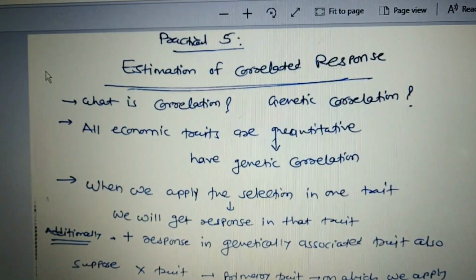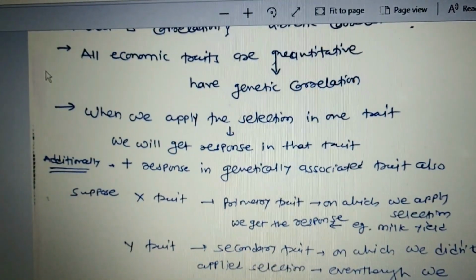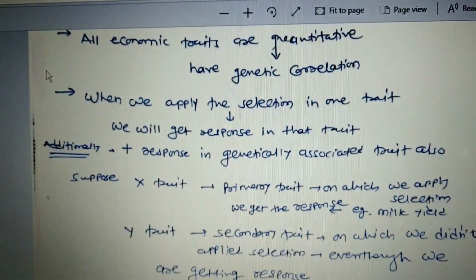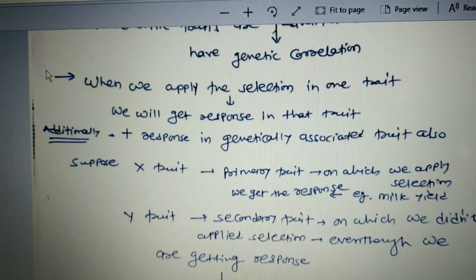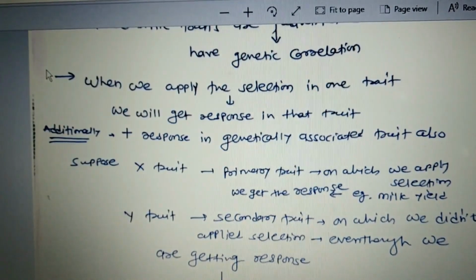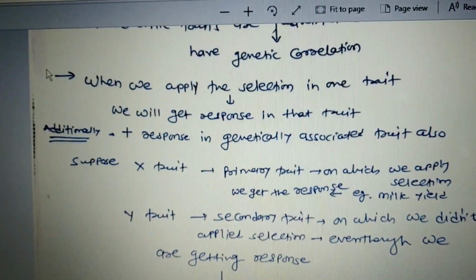So we are applying the selection on the milk yield. So definitely, if we apply the selection, we will get the response in the milk yield also. But Y trait, on which we are not applying any selection, even though we are getting the response. Why are we getting the response? Because X and Y traits are genetically correlated.